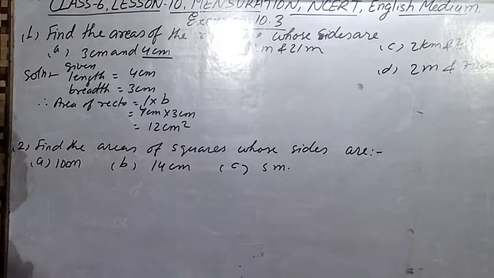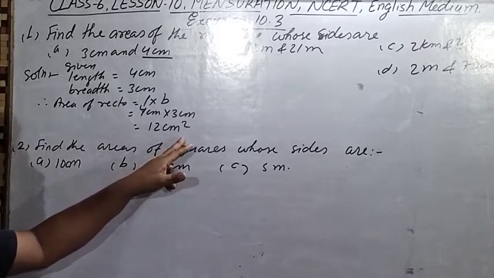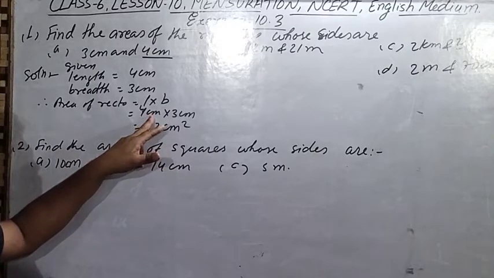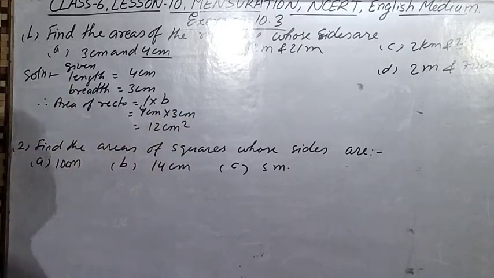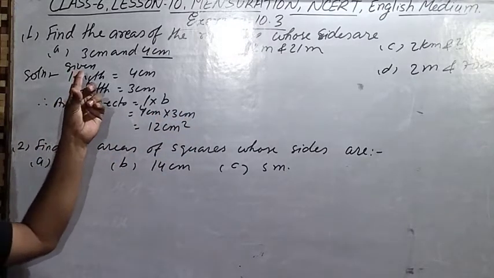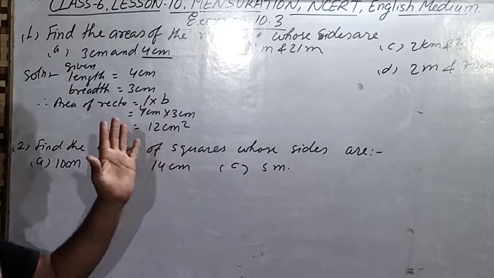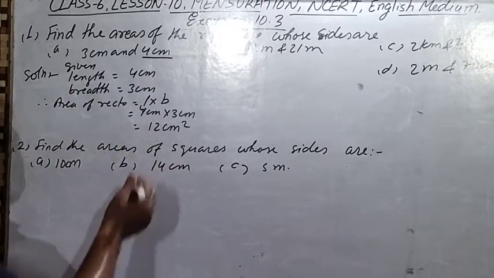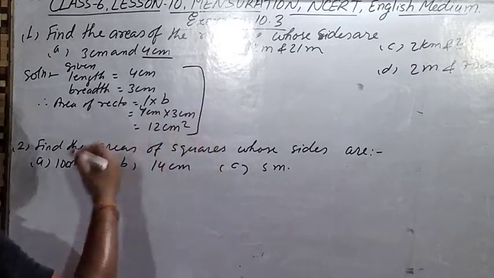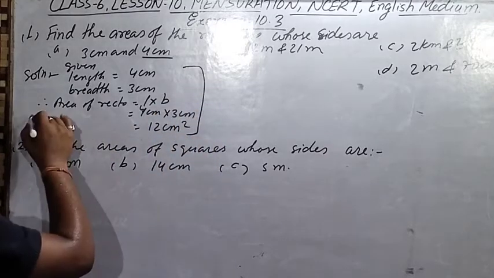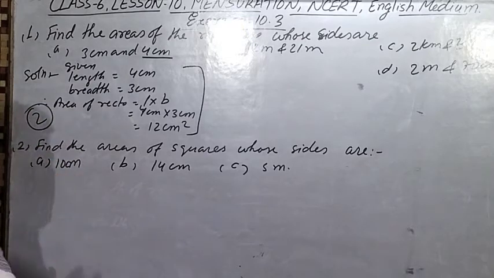Unit of area is always square because you are multiplying the unit 2 times. So you will write what is given, then you write the formula, then you solve it. This is the correct method. In this method, you will get full marks. If the question is of 2 marks, you will get 2 out of 2.